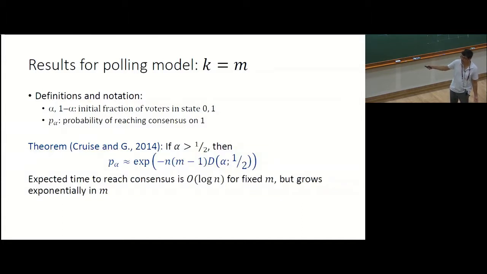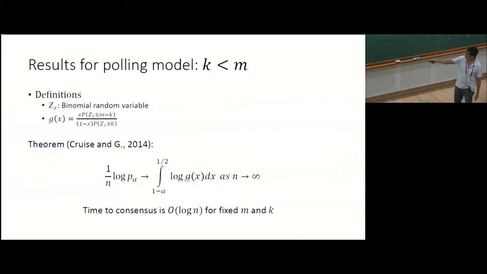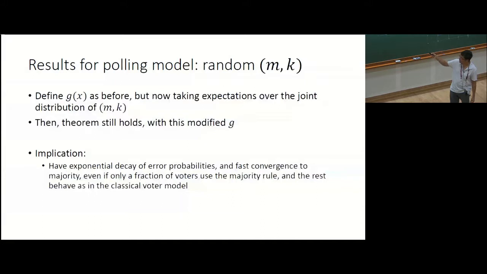For larger values of M, you have faster exponential decay and so on. And the time to reach consensus is log n. Okay, for arbitrary M and K, you have similar results. I'll skip that. You can also randomize M and K. And in all these cases, you have exponential decay of error probabilities.